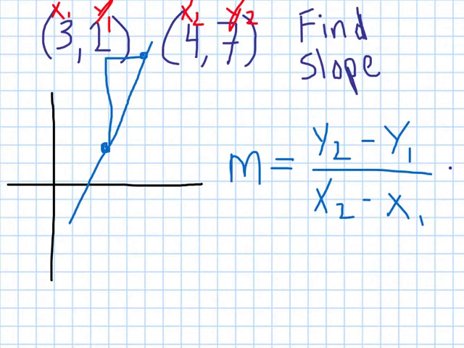So we just plug these in. And it doesn't matter which point is x1, y1, and x2, y2, as long as you're consistently putting in the y2 and x2 first. So I have here my slope will be equal to y2, 7, minus y1, which is 2, over x2, which is 4, minus x1, which is 3.